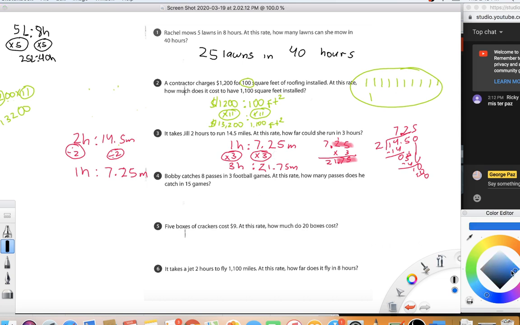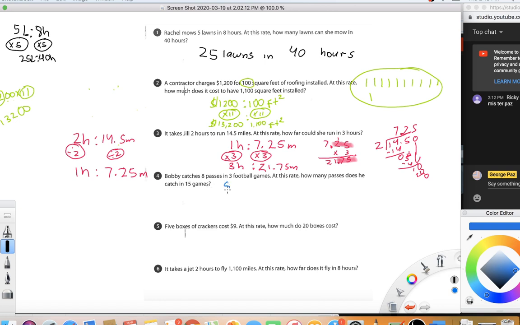Let's go to number 4. It says Bobby catches 8 passes in 3 football games. At this rate, how many passes does he catch in 15 games? 8 passes, 3 games. Can we get from 3 games to 15 games? Yes, we can. I got a parent calling me, maybe. I can answer right now. Sorry.